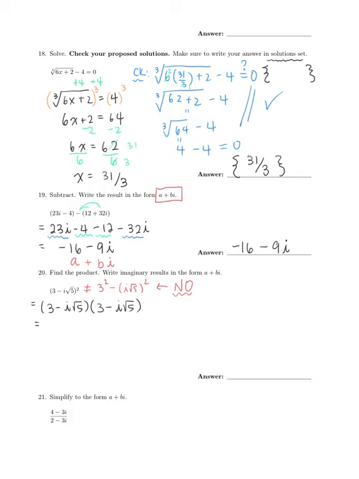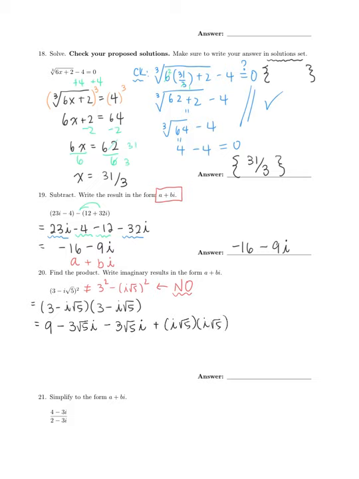So this is the same thing as 9 and then minus 3 root 5 times the i. I just rearranged the ordering, I just put the i at the end. And then another minus 3 root 5 times the i. And then now you're going to have plus i root 5 times another i root 5, right?